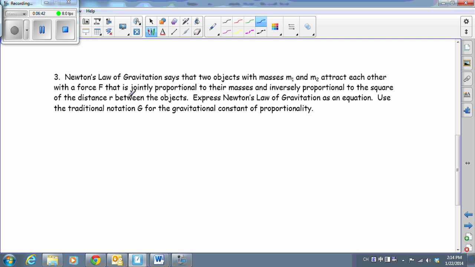Newton's law of gravitation says that two objects with masses m1 and m2 attract each other with a force F. So the force F is jointly proportional to their masses and inversely proportional to the square of the distance. Well, here I have 3 different variables.